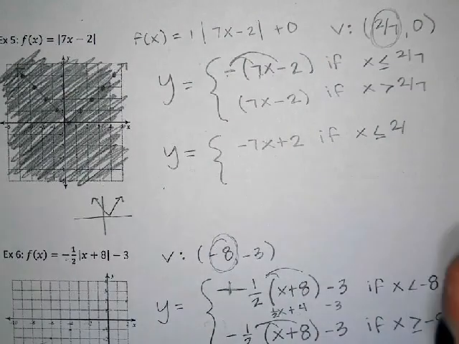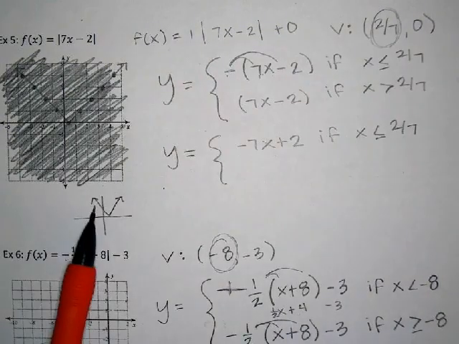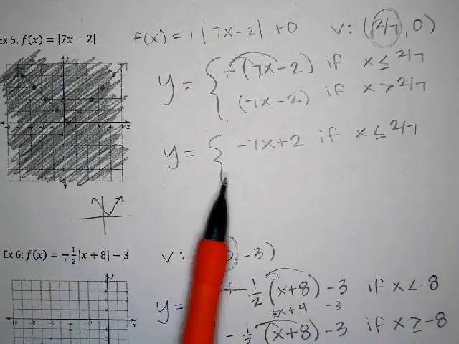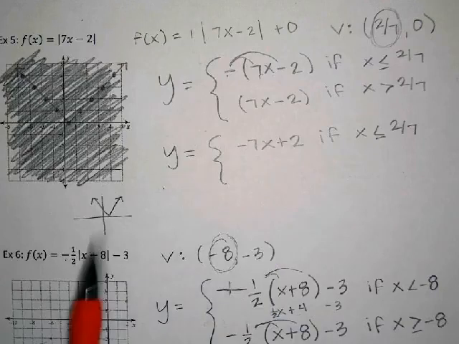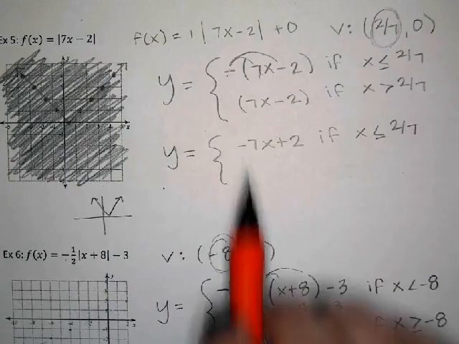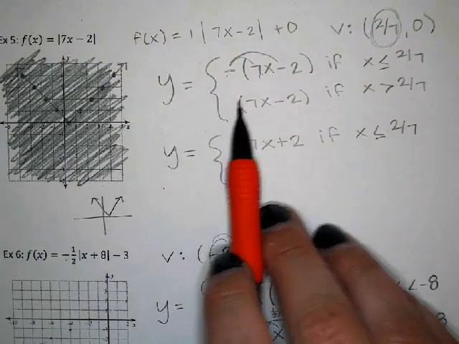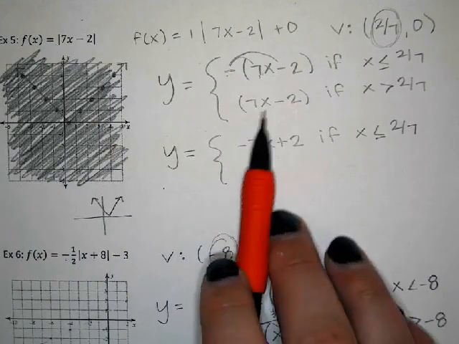Now, this left piece, does that fit? It has a negative slope and a positive y-intercept. Does that fit our picture? Yeah? Okay. For the other one, it's just positive. We don't really need to distribute it though. Do you guys see how we are basically simplified already? There's no number to distribute, so we're just done. 7x minus 2.